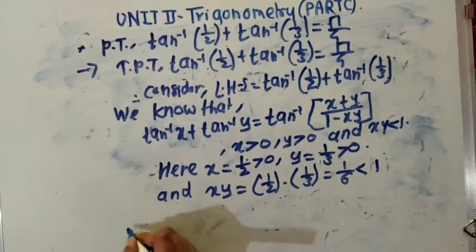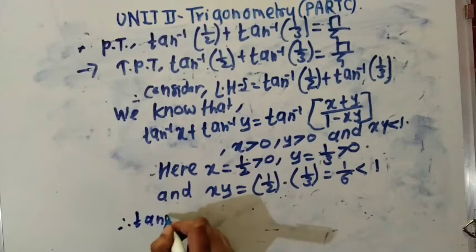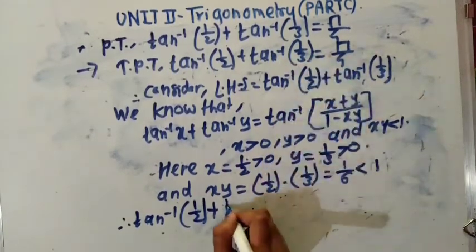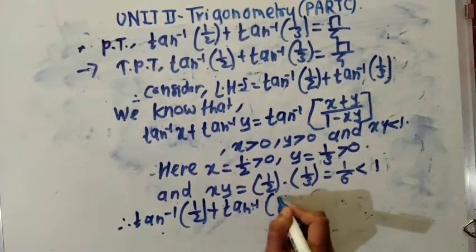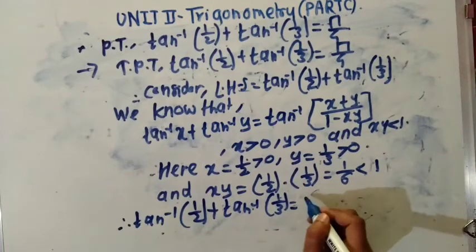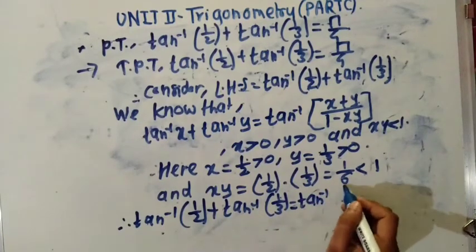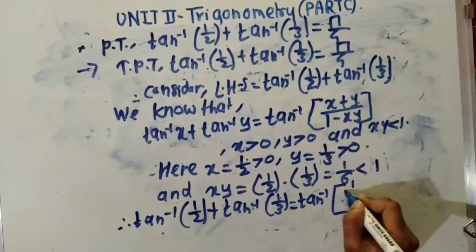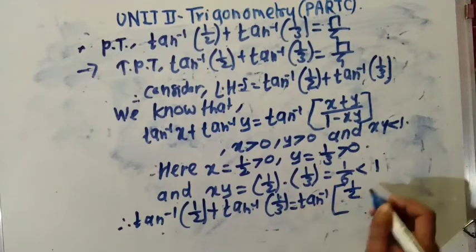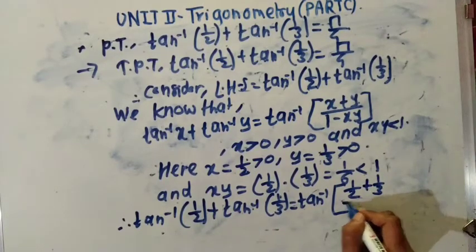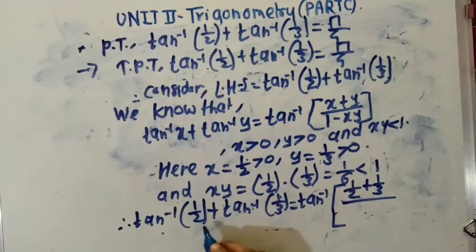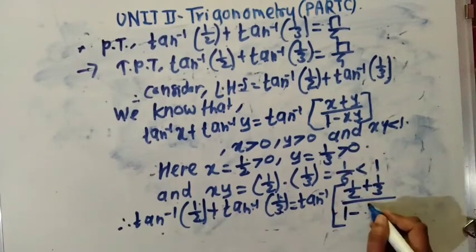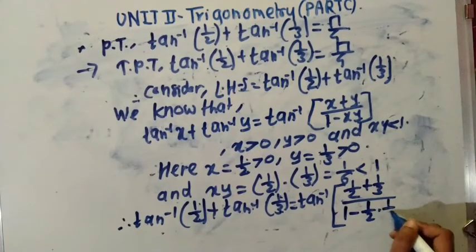Hence first we consider tan inverse of 1 by 2 plus tan inverse of 1 by 3, which is equal to tan inverse of x plus y, meaning 1 by 2 plus 1 by 3, upon 1 minus x into y, here x is 1 by 2 and y is 1 by 3.